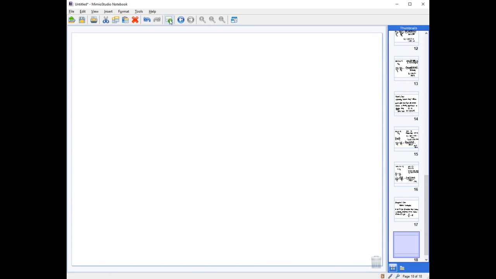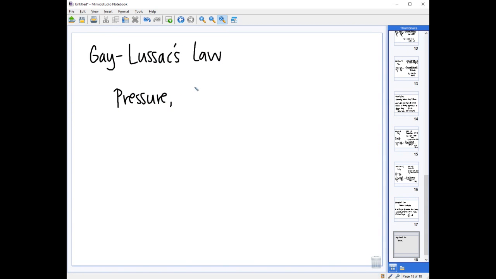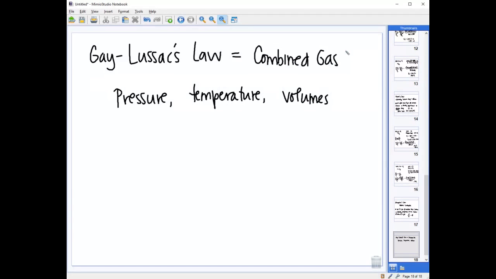So, let's look at his law. He said this. So he looked at pressure and temperature and also volume. And sometimes we refer to it as the combined gas law.